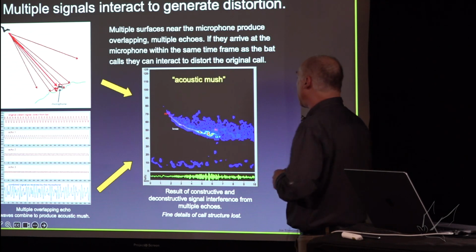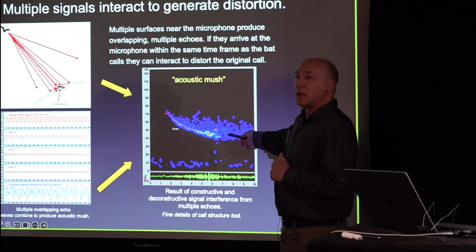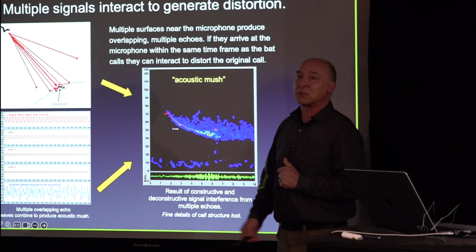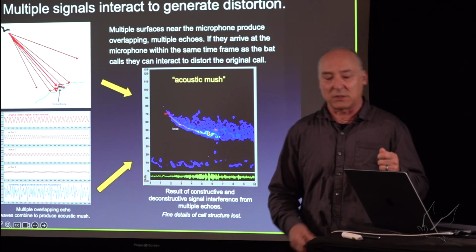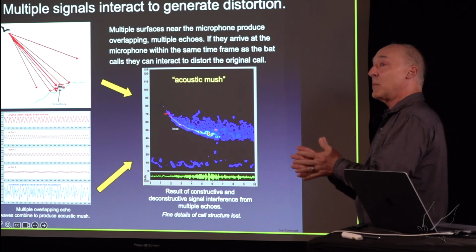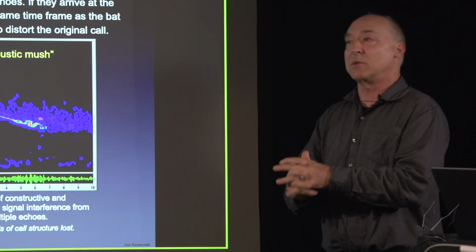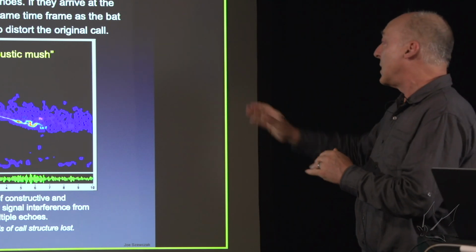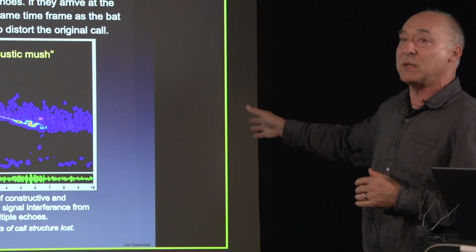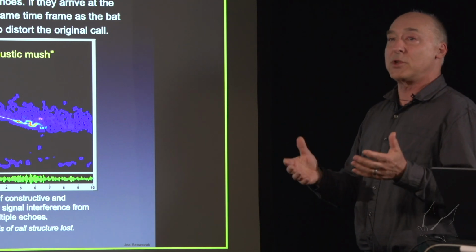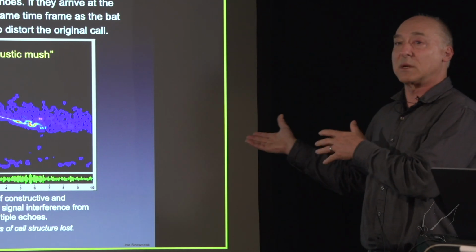This is what I call acoustic mush. It turns out that this is very easy to create, and this is the typical amateur mistake of going out and placing a microphone for bats. People get a new bat detector, they go out, they put the microphone out, and they get all the signals like this, because it's very easy to do when you don't appreciate this process.